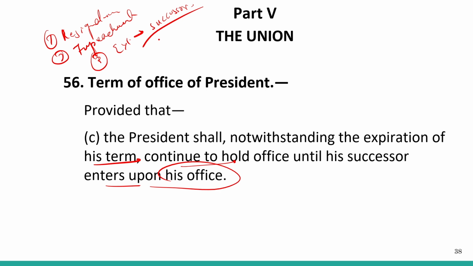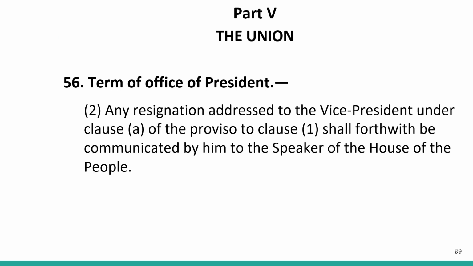So because of the clash of elections, sometimes the term gets exceeded. So these are the three ways by which the term of the president can be increased or decreased. But you need to remember, if these three things are not happening, the tenure of the president will be 5 years. Okay.